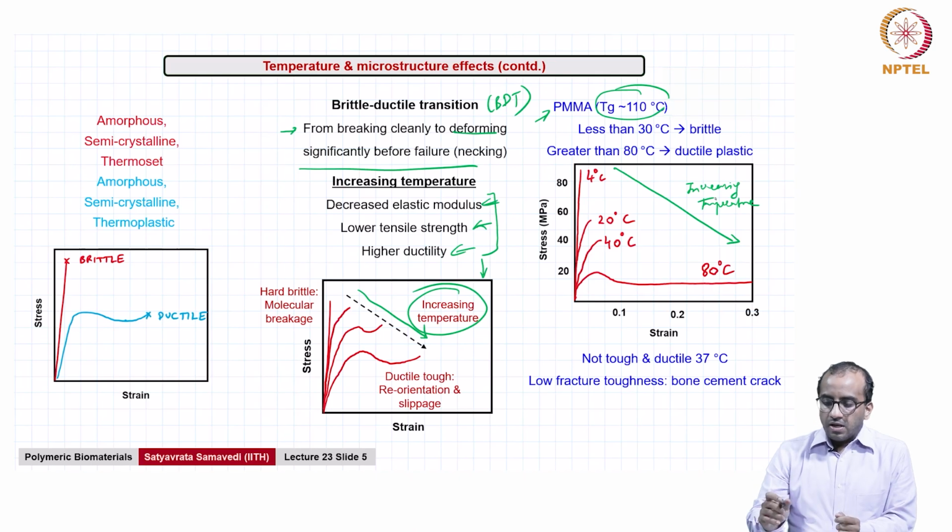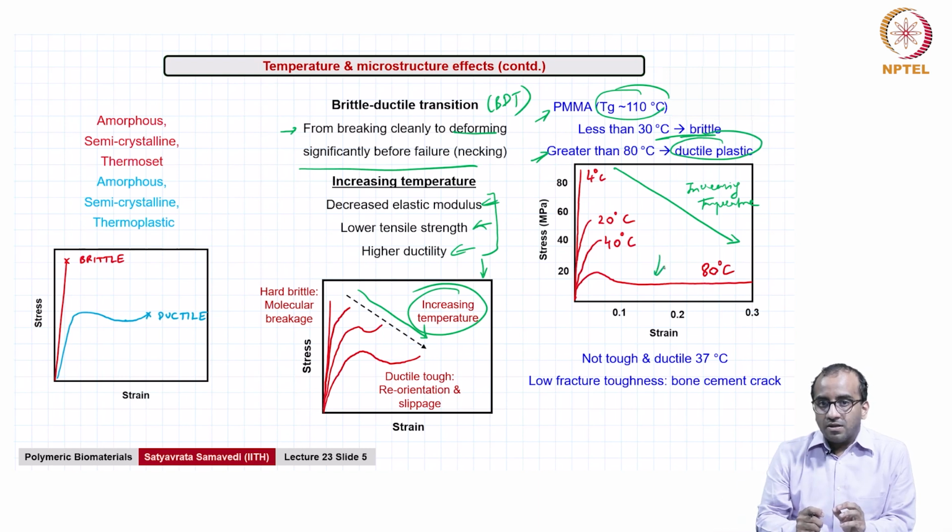Now, you see, for anything less than 30 degrees, right, the material is largely behaving like a brittle material. But as you keep increasing the temperature and you start approaching close to the Tg, and in this case greater than 80 degrees, you now start to get ductile plastic behavior as shown here.